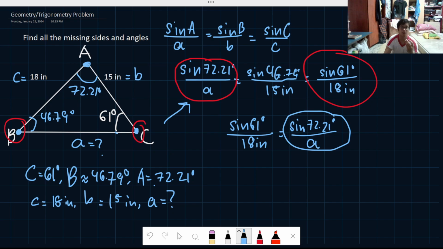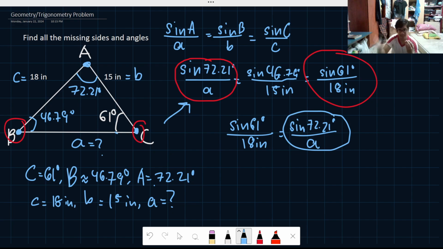Which is why if you're going to equate one fraction that has a complete side and angle given, make sure that you equate it to a fraction that has only one given, either a given angle but no given side, or a given side but no given angle.